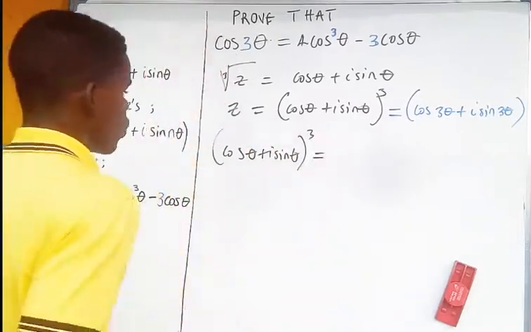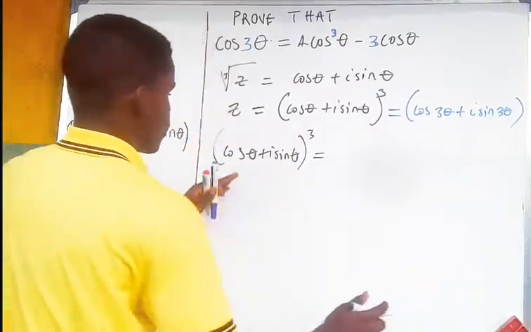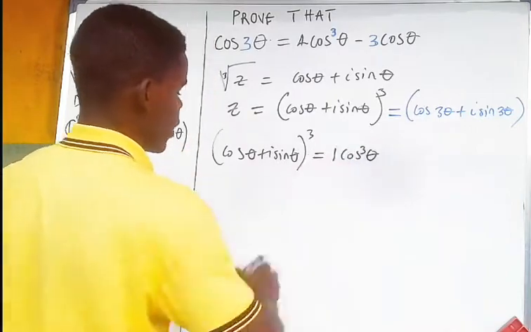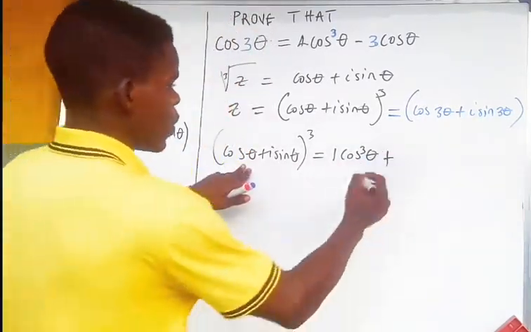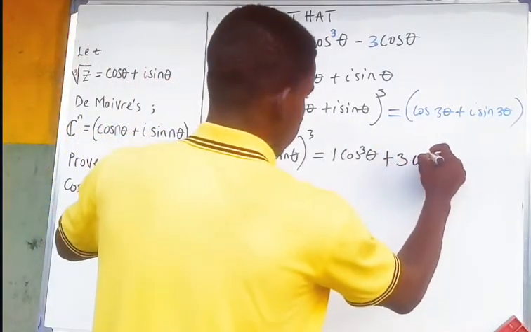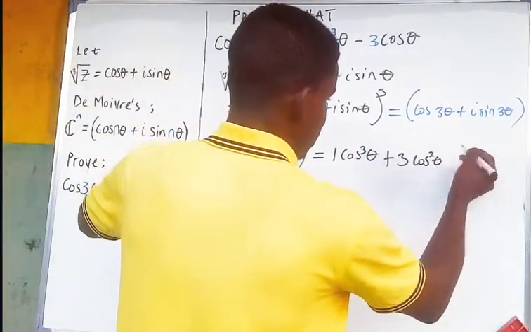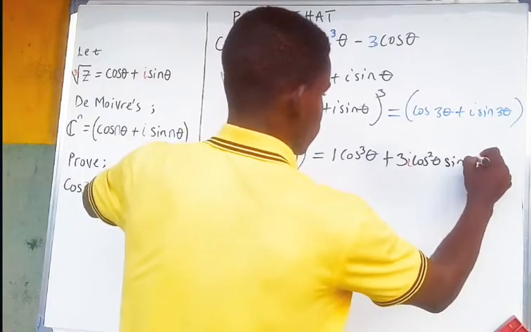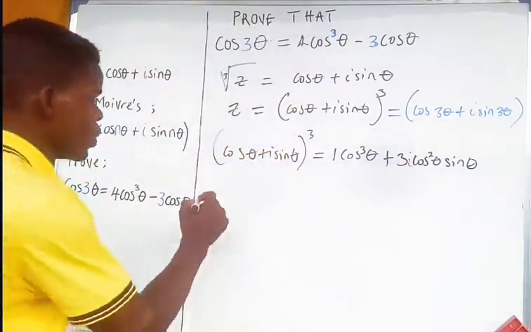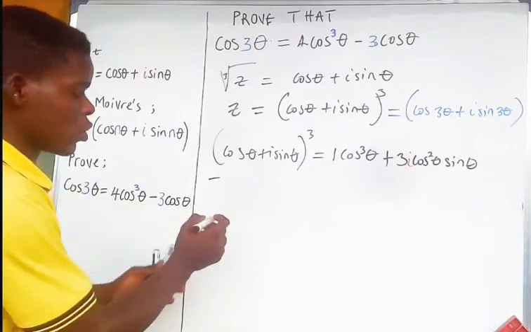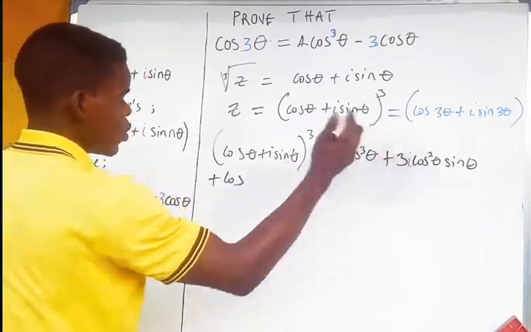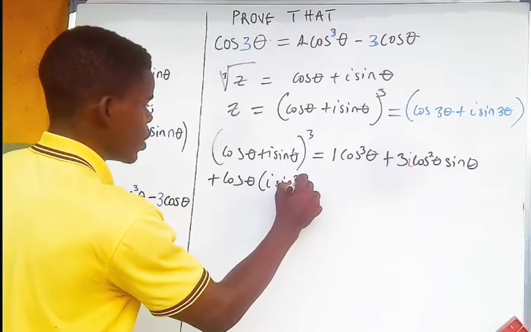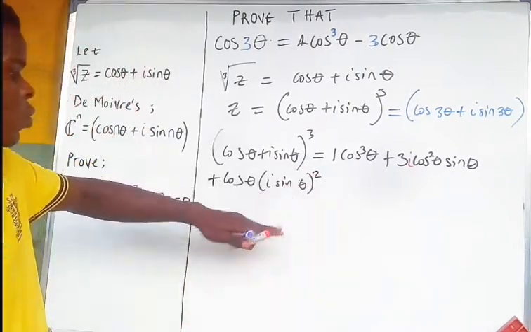So cosine theta plus i sine theta cubed will be equal to, by binomial expansion of the third power, first coefficient 1, so that is cosine cube theta, plus the next, 3 cosine squared theta times i sine theta. The sine increases to the first power. The next case, let's just show it's plus first, plus 3 cosine theta, which reduces to the first power, times i sine theta squared.